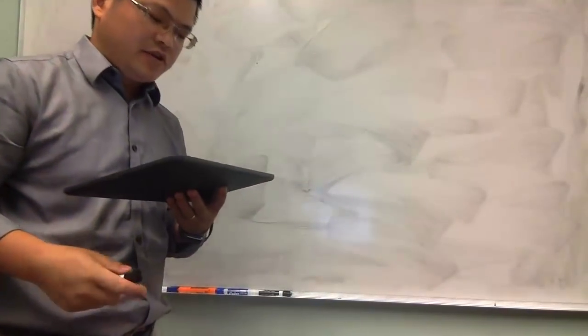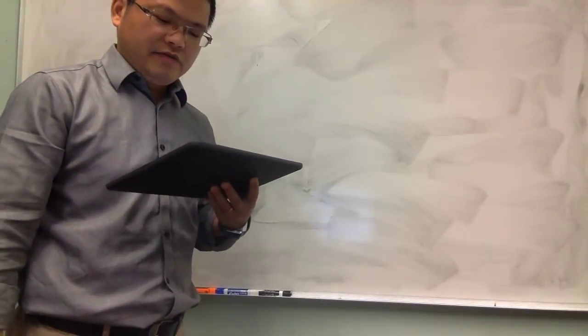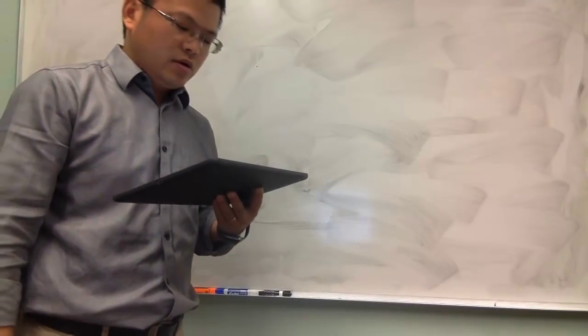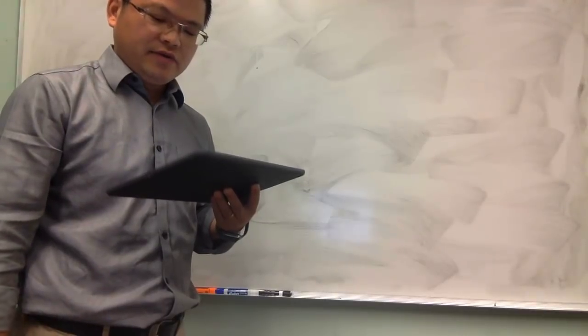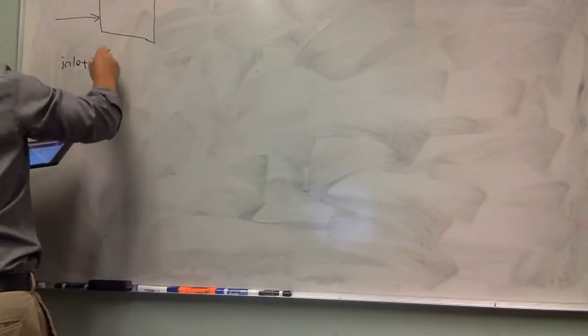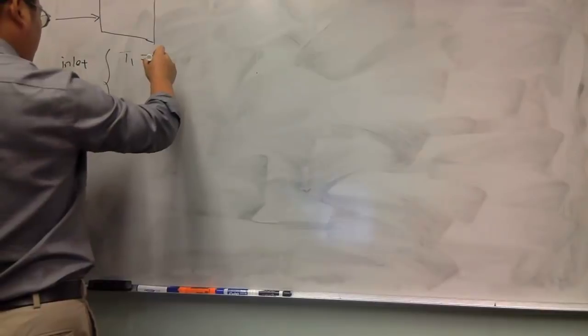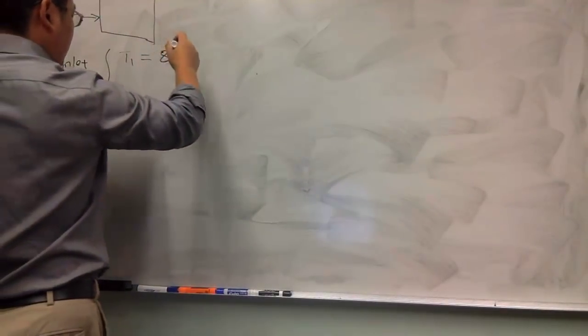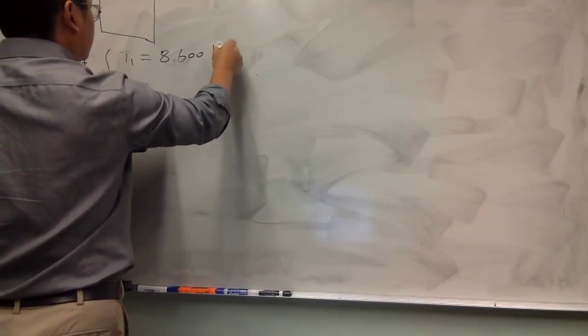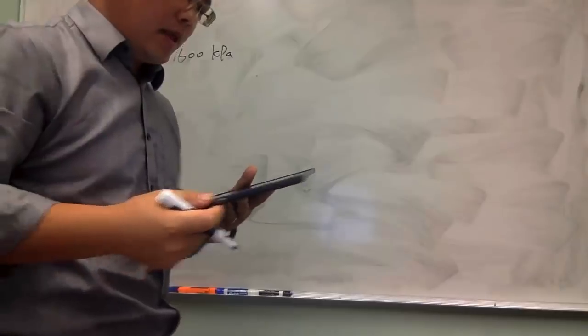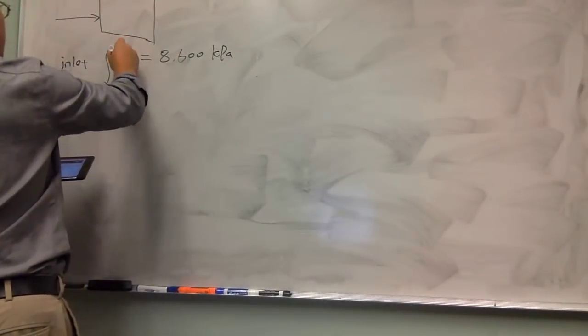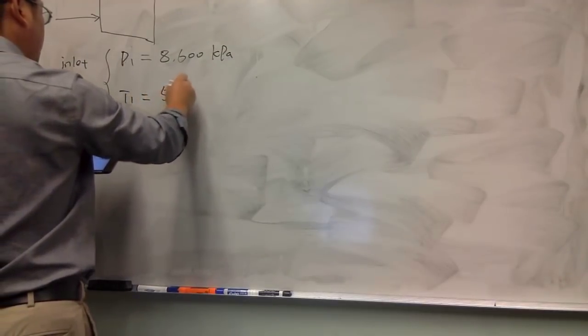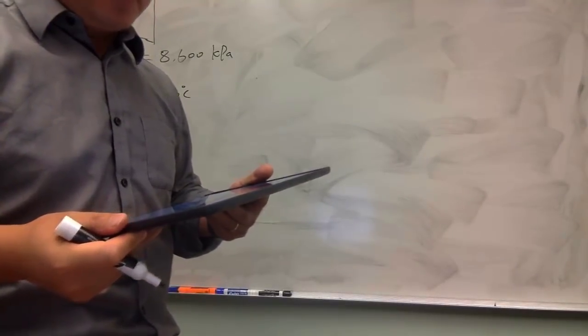The problem says that we have a steam turbine with a rated capacity of 56,400 kilowatts, operating with steam at the inlet condition of T1 is 500 degrees C and P1 is 8600 kilopascal. Then there is a discharge into a condenser at a pressure of 10 kPa.